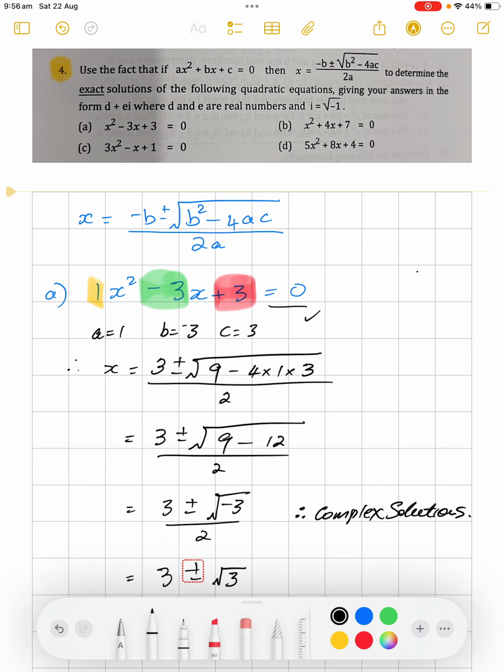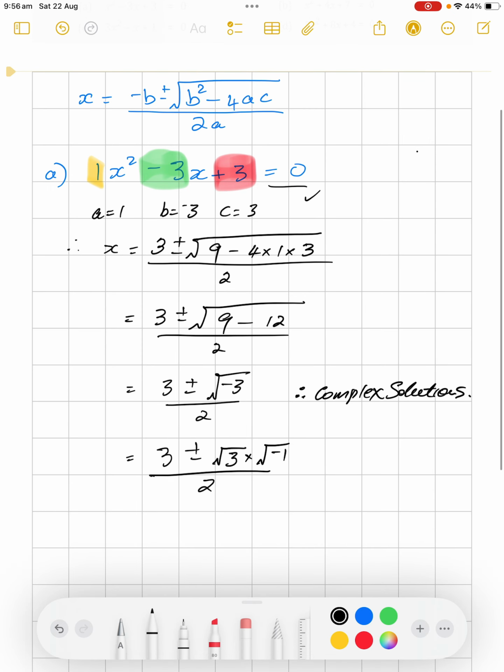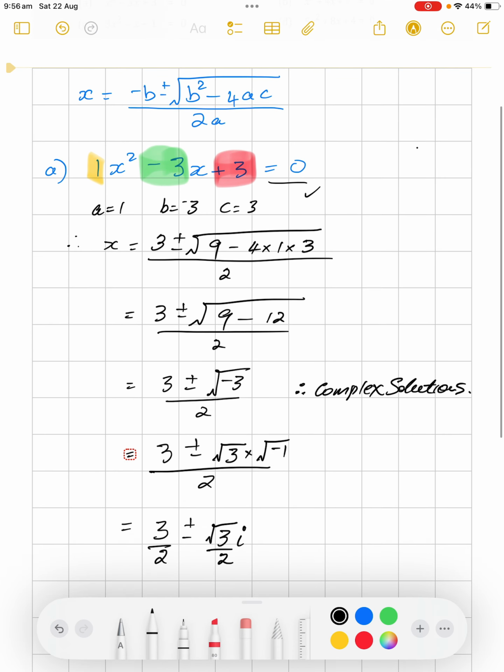So we split this up. We can change the square root of negative 3 to root 3 times root negative 1, all over 2. So it's 3 plus and minus, and we leave that as root 3. We change root negative 1 into i, and we want both of these over 2 so that we can split it up into the way that they wanted, which is in the form d plus ei.